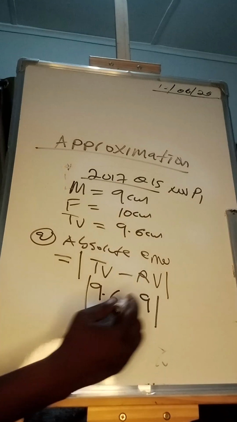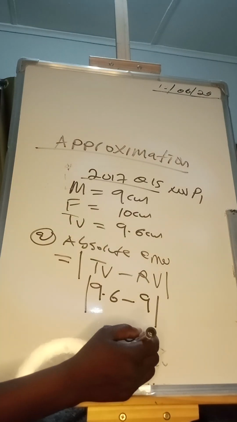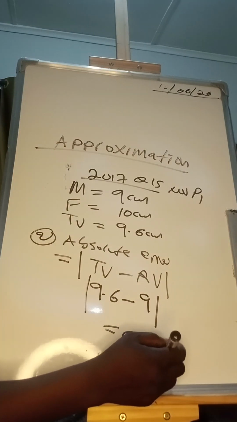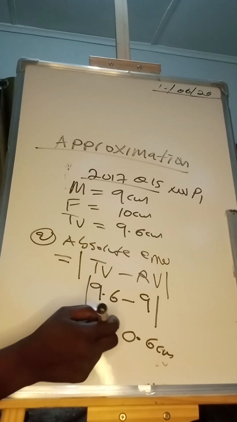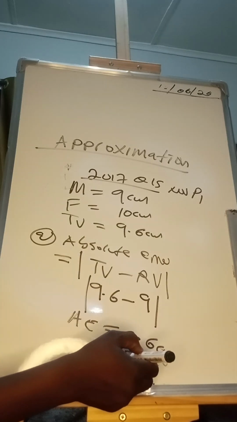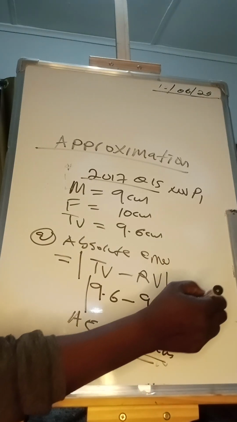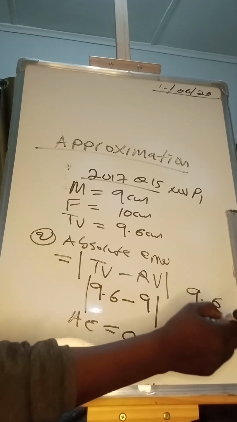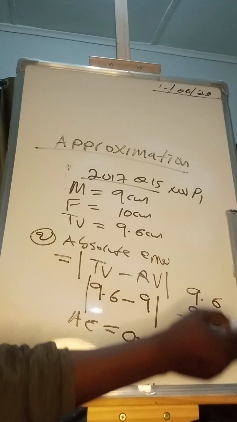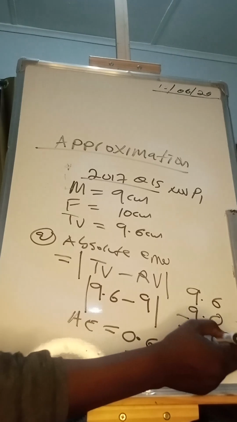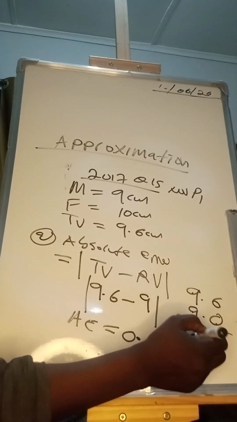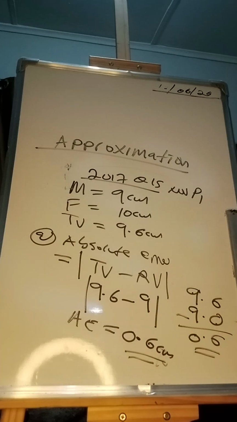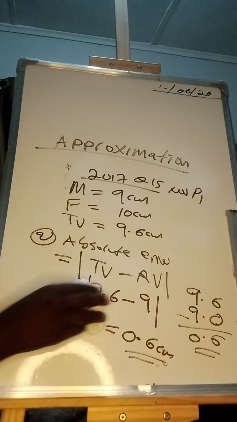If you use a calculator, this is going to give you 0.6 centimeters as your absolute error. Now it's paper one, calculators are not allowed. So you simply write 9.6 and then here 9.0. Then subtract 6 here and take away this 0. So that's how you can get it without using a calculator.